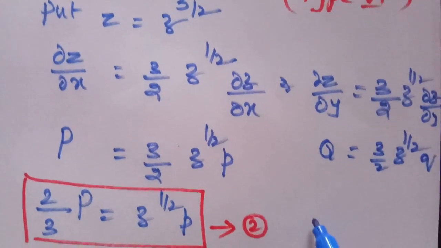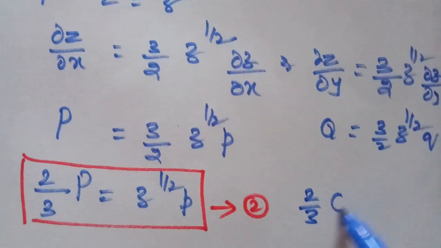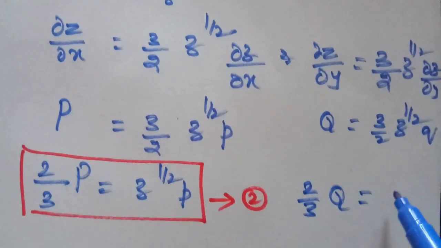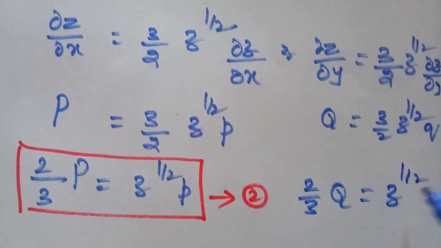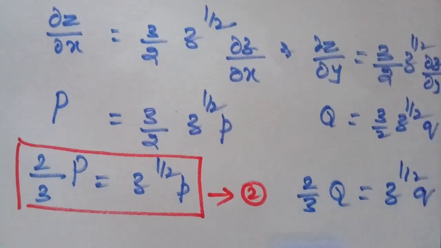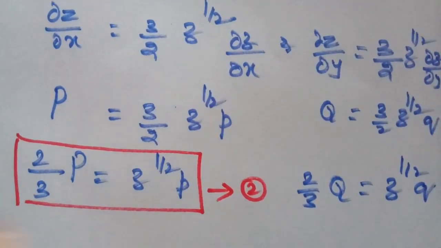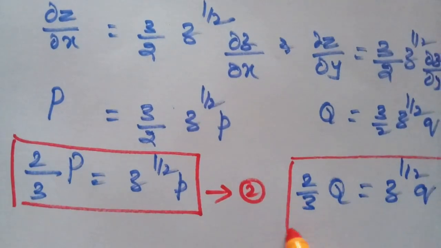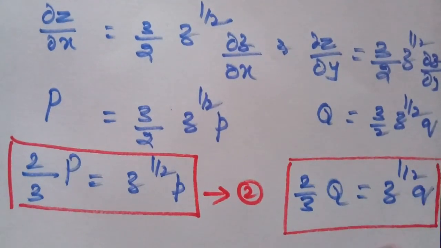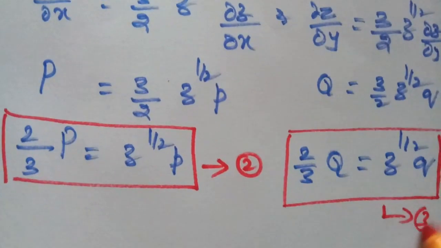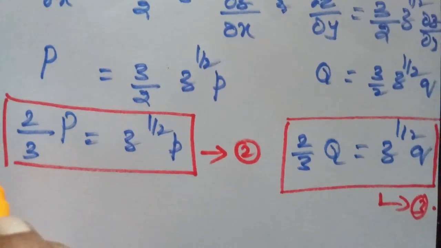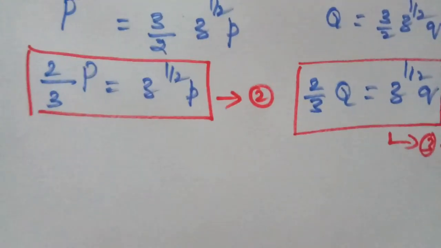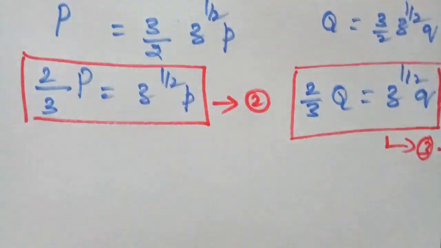Therefore by cross multiplication, 2 by 3 into capital Q is equal to z power 1 by 2 into small q. Say this is equation number 3. Now substituting 2 and 3 in equation number 1.